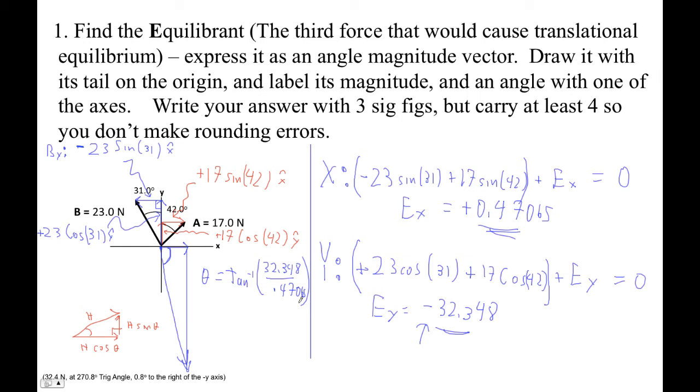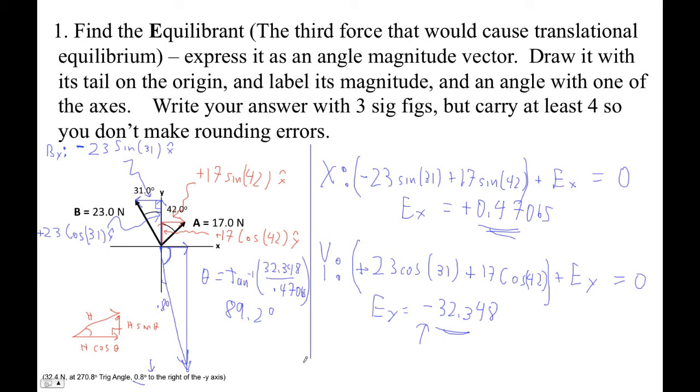I always just find the angle with the x-axis is what I tend to do. 89.2 degrees. Okay. So what does that mean? I guess that would mean that this angle here is 0.8 degrees. So we got the angle correct.